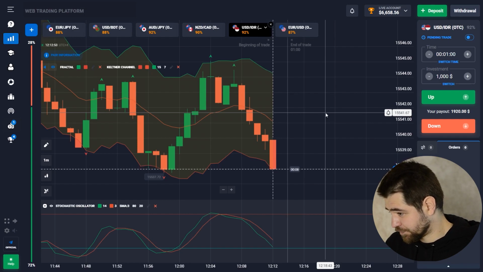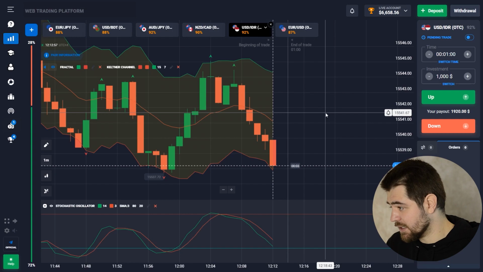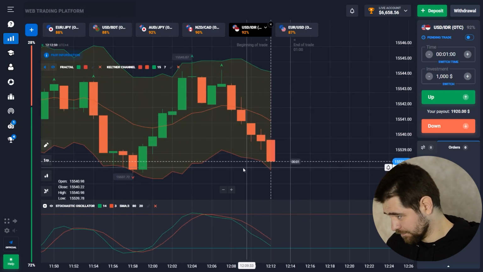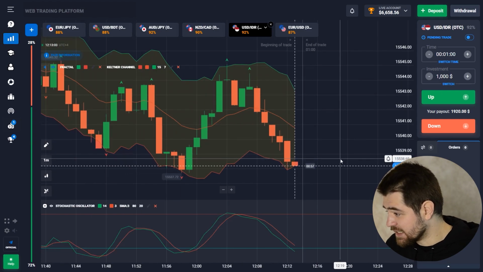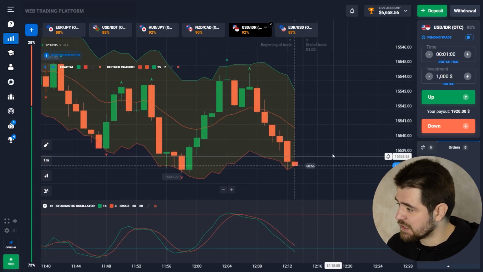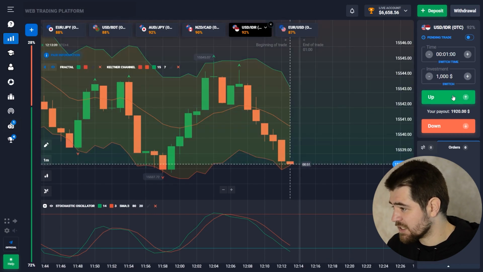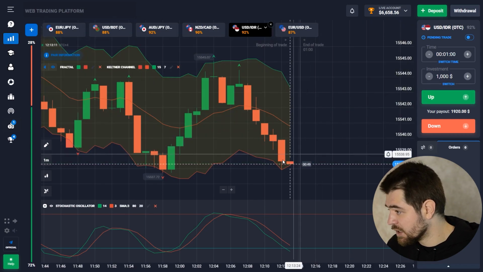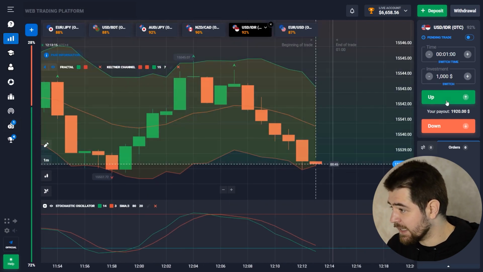The stochastic is entering it, and the stochastic is looking down. It's entering the zone of the asset being oversold, and I think from here we will bounce off, and the price will go up.